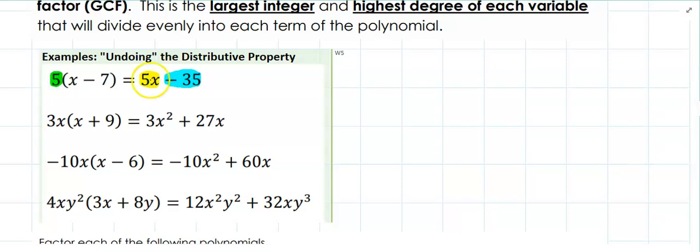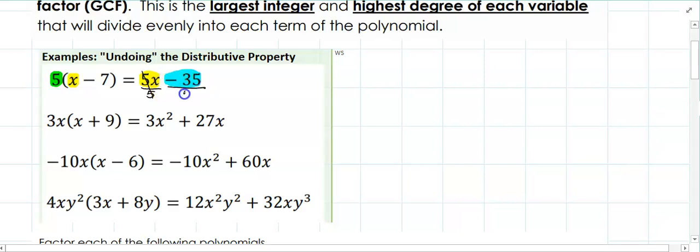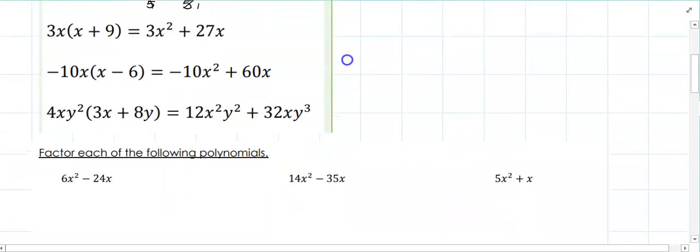If I divide 5x by 5, I'm left with just x. If I divide negative 35 by 5, I'm left with just negative 7. And we're going to do that for each term in our polynomial expression to find what they have in common.